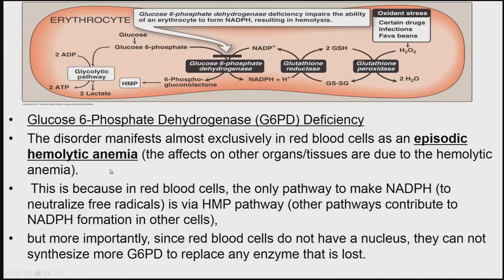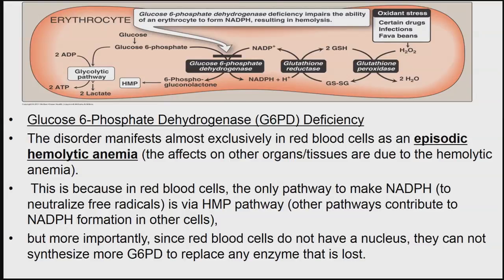Most of the other hemolytic anemias we've seen are chronic. With sickle cell, you could make an argument that it might be episodic, since certain things will make it worse and precipitate an episode. But this is episodic, which means there are episodes.